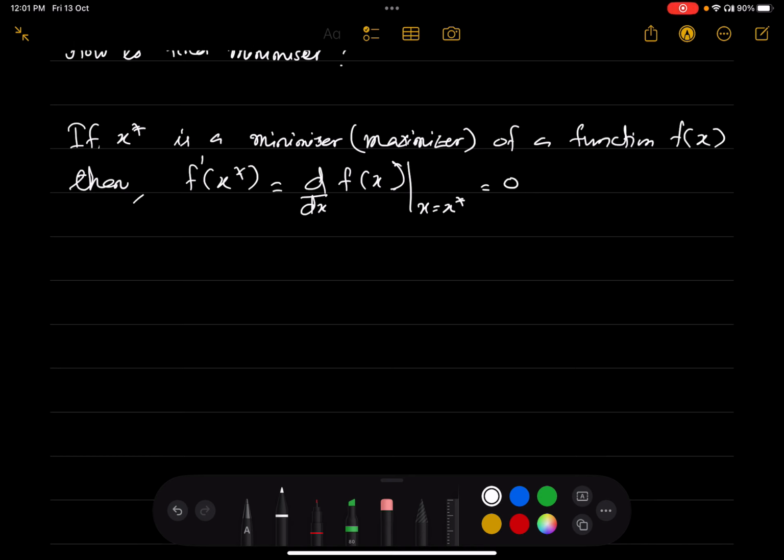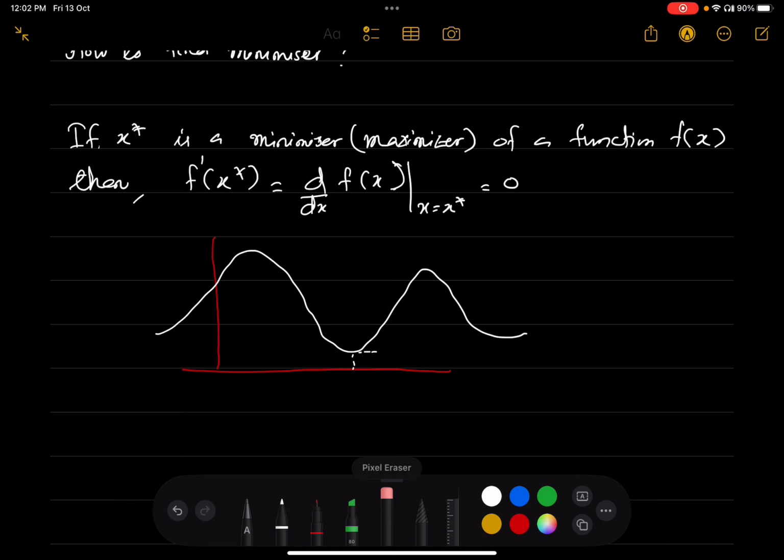What does this condition mean? Let's look at the graphical point of view. We have a function, and we assume that x star is a minimum point of that function.